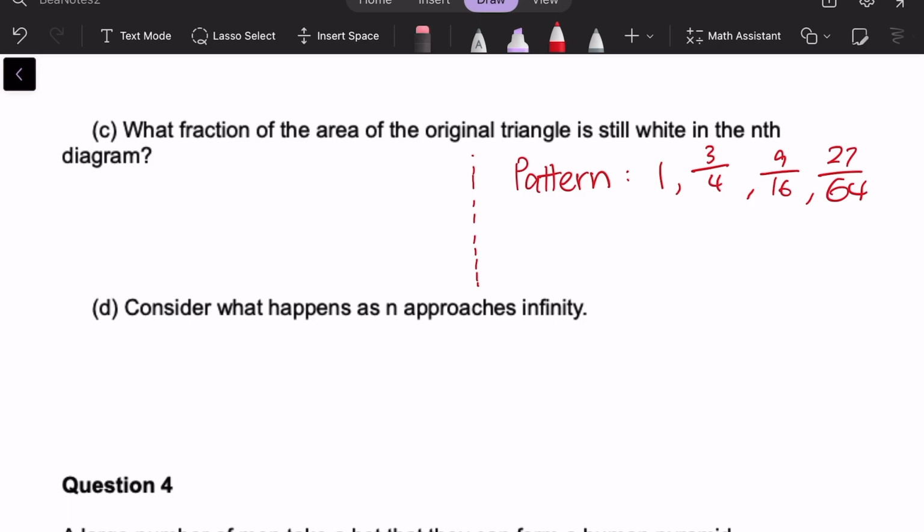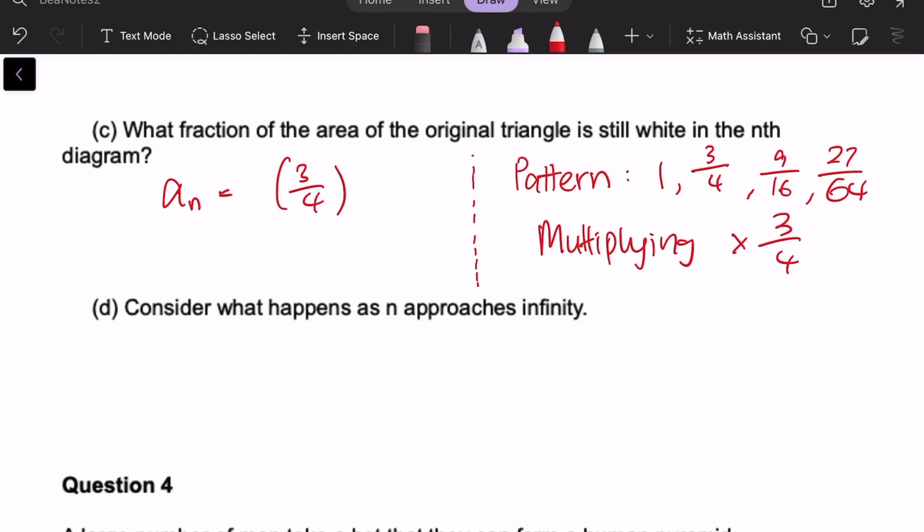This pattern might be a bit harder to identify, but it's just multiplying each term by 3 on 4 to get the next term. So literally the same thing. 3 on 4 to the power of n minus 1, where an is defined as the area of the original triangle that's white.